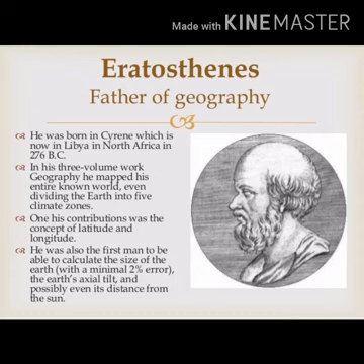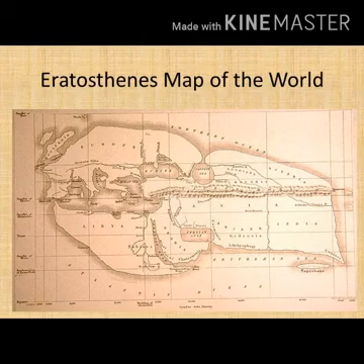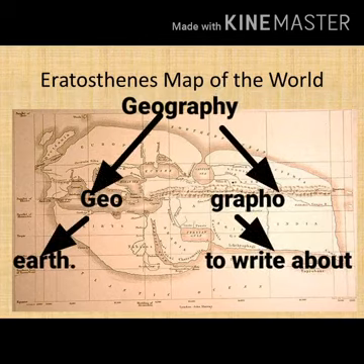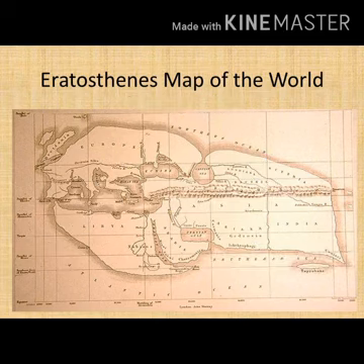Students, the term geography was first used by the Greek scholar Eratosthenes in 276 to 194 BC. As I told you earlier, the word geography is made up of two words in the Greek language, geo and grapho, which means to describe the earth.